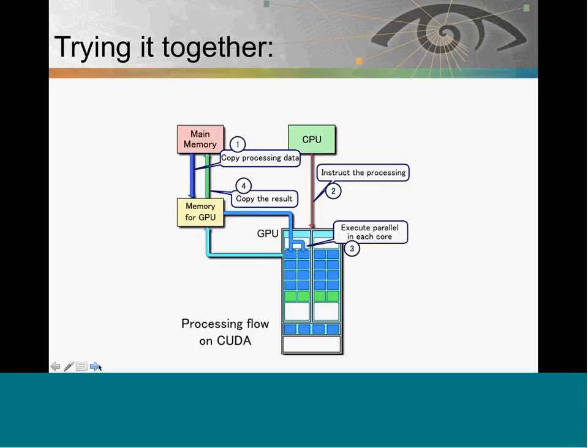So you send the instruction to the GPU, and third, it will execute that operation on the GPU cores, and once done, it sends the result back to the CPU memory. So this is the one step when you are in the GPU core.